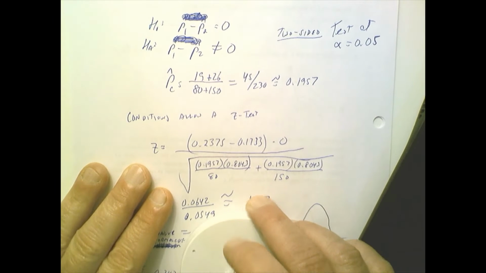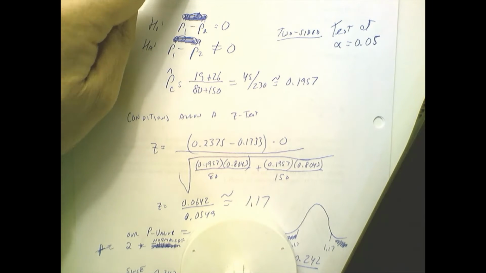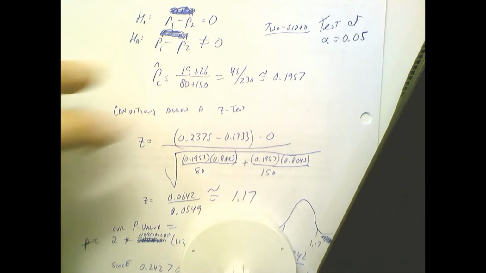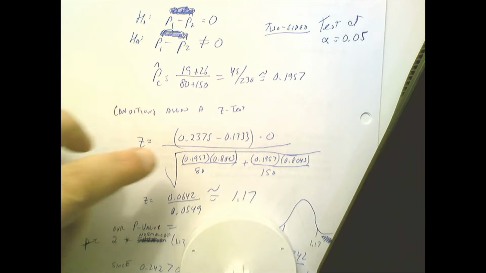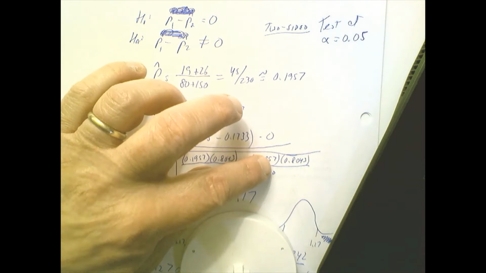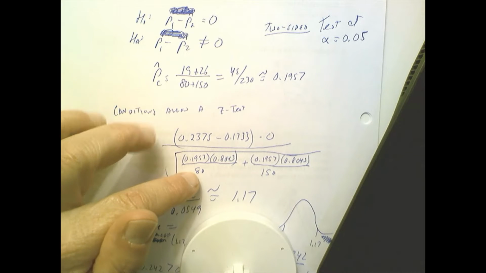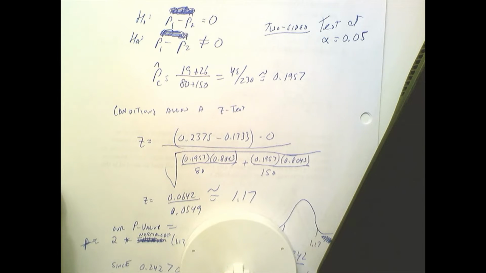And so here we go. I'm going to calculate my z-value. Well, it's 0.2375, p-hat sub 1, minus p-hat sub 2, the 0.1733, minus 0. And then, a little bit small here, but notice what I've used: p-hat sub c, 1 minus p-hat sub c, multiply them together, and build 2 different fractions, over 80, that's my n sub 1, plus 150, that's my n sub 2.